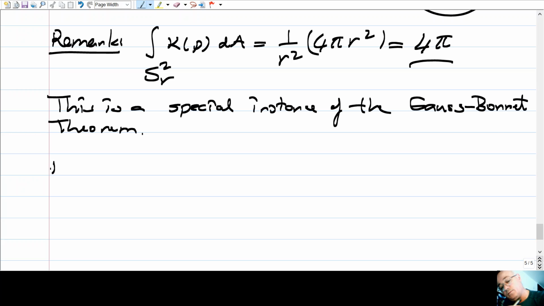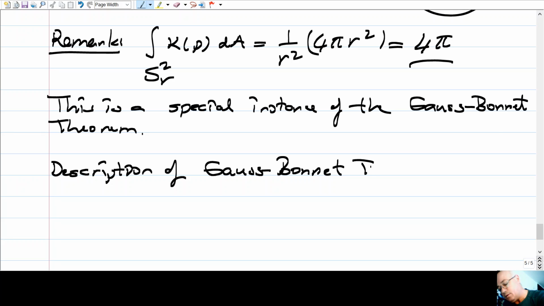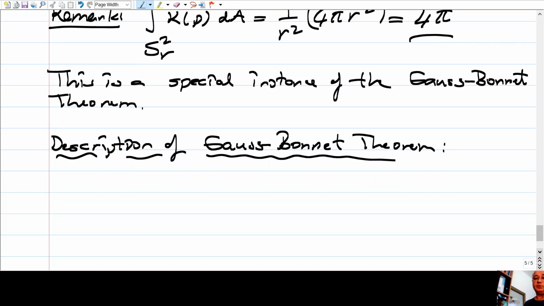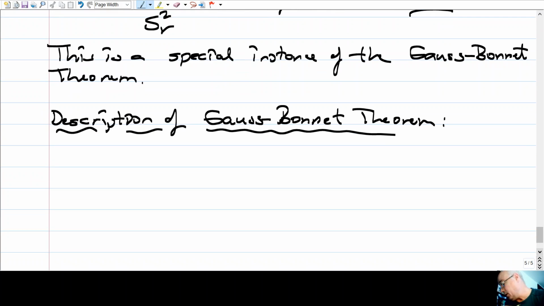So, a description of the Gauss-Bonnet theorem. This is a theorem about global properties of surfaces, actually. And how would you get a global property? You just add local invariants. And here is the theorem.